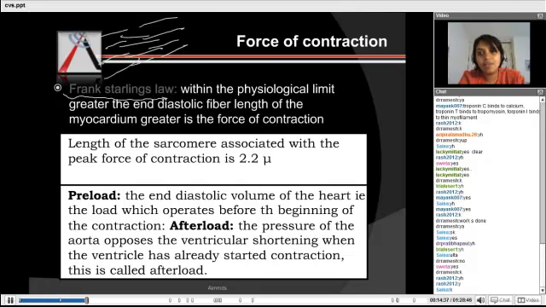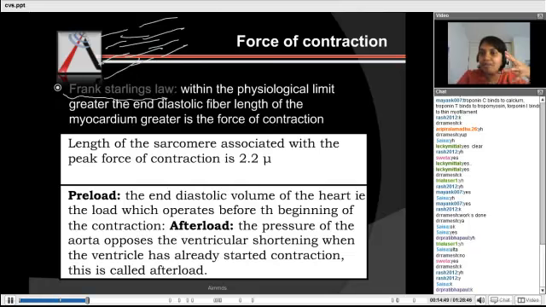When it's clinically applied, it is like when the end diastolic volume is more, when the heart is stretched before contraction, the force of contraction is more. Okay, but there is a limit. We cannot stretch it apart too much, isn't it? It will tear off. We can only stretch it apart till we have the myosin. We cannot stretch it beyond that.